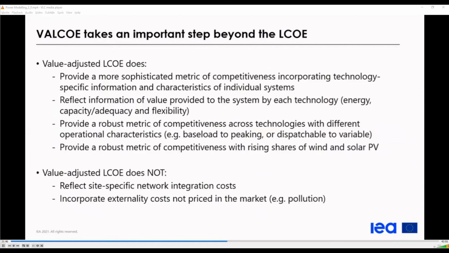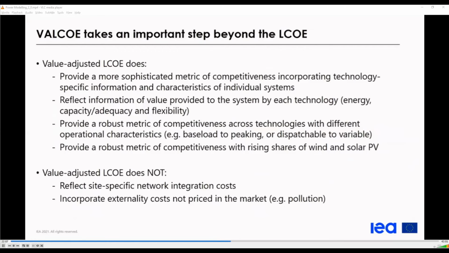So now to summarize the VALCOE concept, it does provide a more sophisticated metric of competitiveness. It includes these elements of value that the LCOE was missing, and it makes it robust across a wider set of technologies.